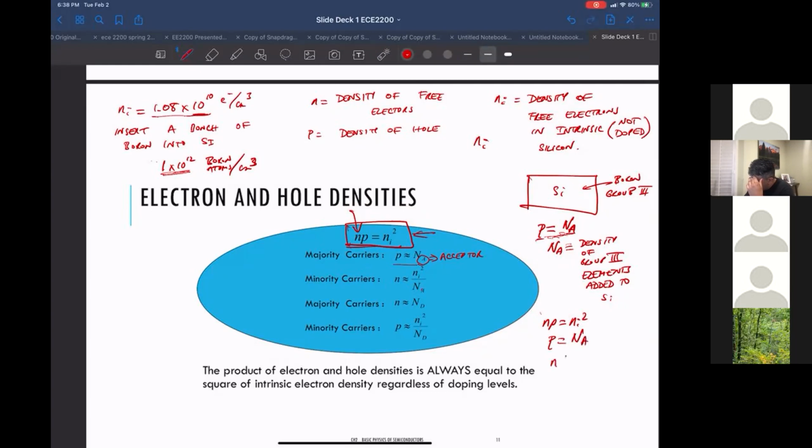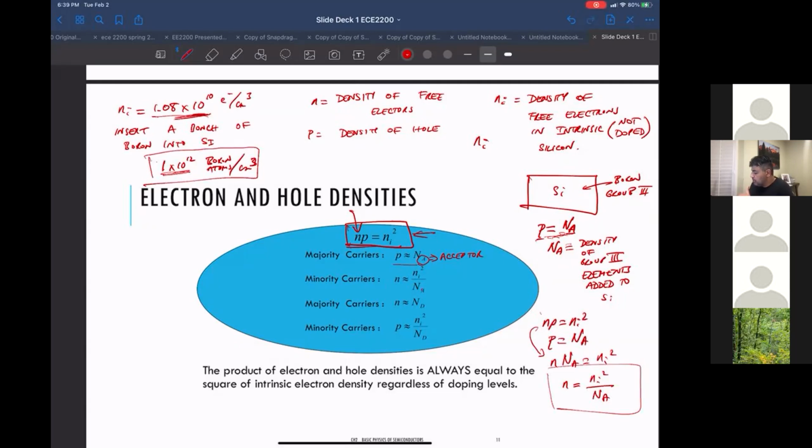So n times n sub A is n sub i squared, and the number of electrons ends up being n sub i squared over n sub A. So when we put in a lot of acceptors in a piece of silicon, so that the density is much higher than the intrinsic carrier density, you get a lot of extra holes, and you end up with a much smaller number of electrons.